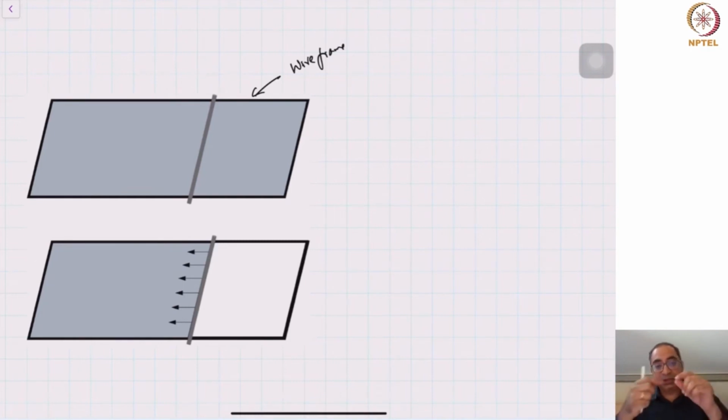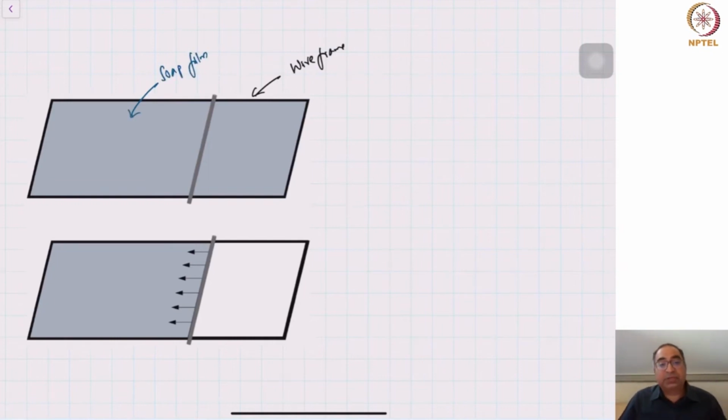Another way to make this is to take the OHP sheet, a transparent plastic sheet, and cut a rectangle in it. Now you dip this into soap water, and what you get is a soap film. So what you're seeing here, the shaded region, is a soap film.